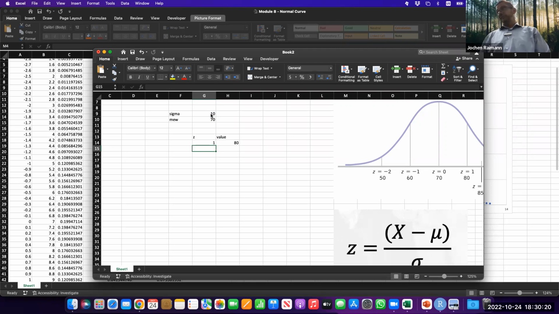So it's 10 divided by 10. So that's 80 minus 70 divided by 10. So if we're locking this in now and we say, okay, our G10, we're doing now this formula here.